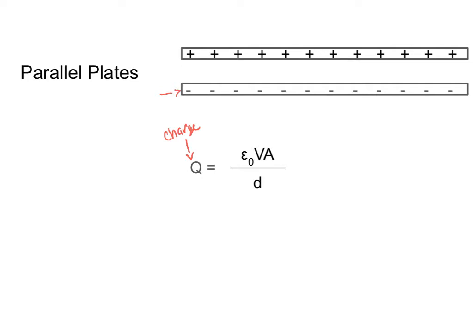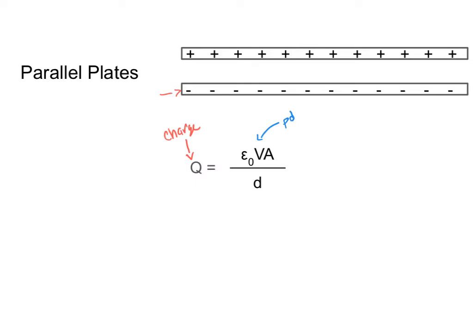What you'll find experimentally is that the charge that gathers on a plate is going to be dependent on the potential difference that's driving whatever circuit the parallel plate is hooked up to.